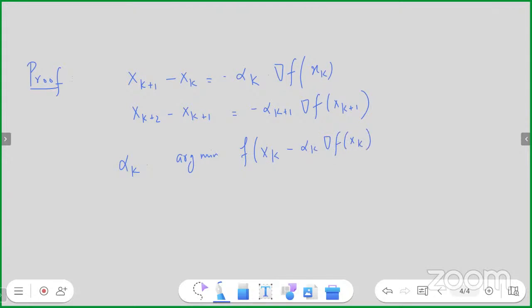Now can you give me that one line? What remains now is one line. Given that this is true, what can you deduce? F prime of this. Let's call this function g, or whatever you want, with respect to alpha. That should be 0. So what will that be?